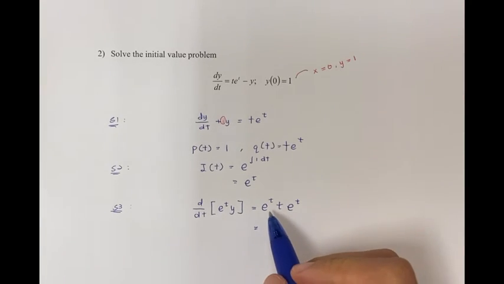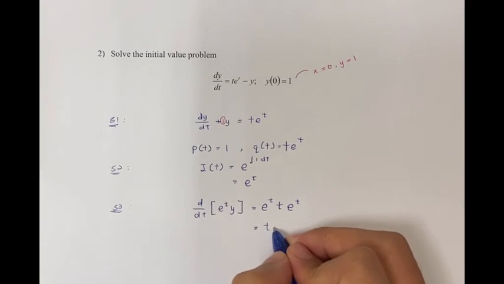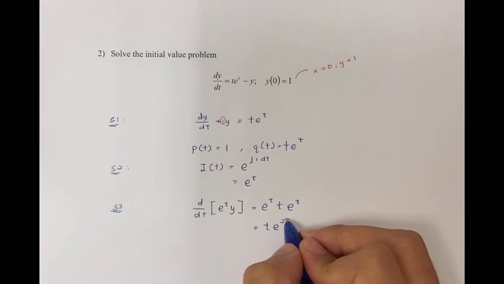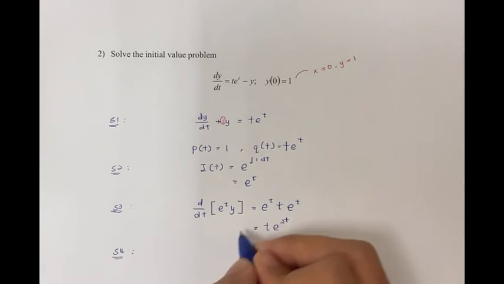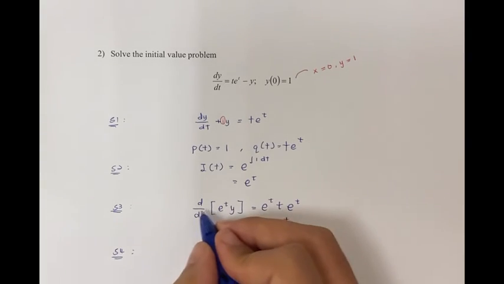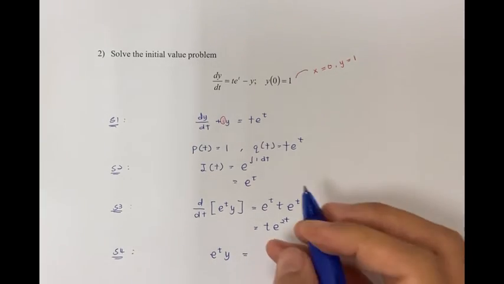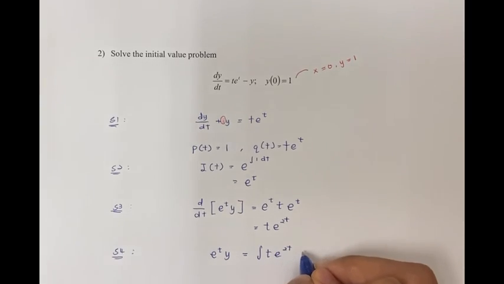Multiplication of exponentials, e^t multiplied by e^t, so you have e^(2t). Fourth step, integrate both sides. On the left hand side, you have e^t y. And for the right hand side, you have the integral of t e^(2t) dt.